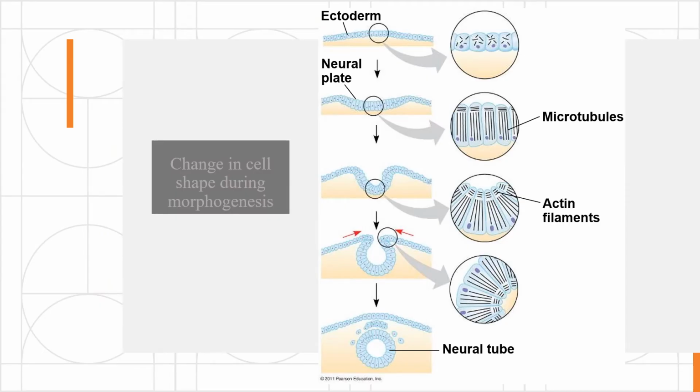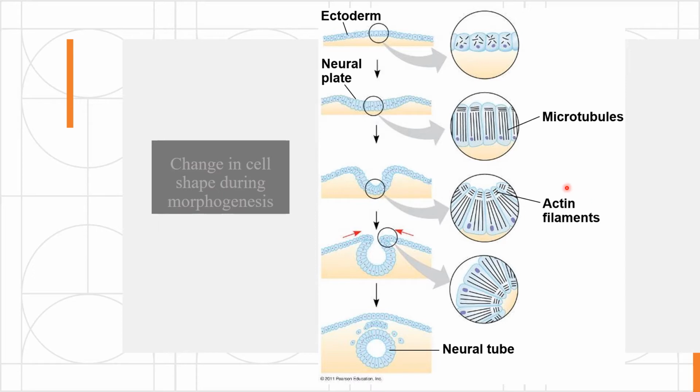So change in cell shape during morphogenesis. So again, from just a flat ectodermal layer from the neurulation process, of course, you will develop the neural plate. So as you see here also with the microtubules or the different cytoskeletal components of this cell, they also conform a direction on how they will be arranged. Okay, so from the neural plate, you will then eventually form the neural groove.